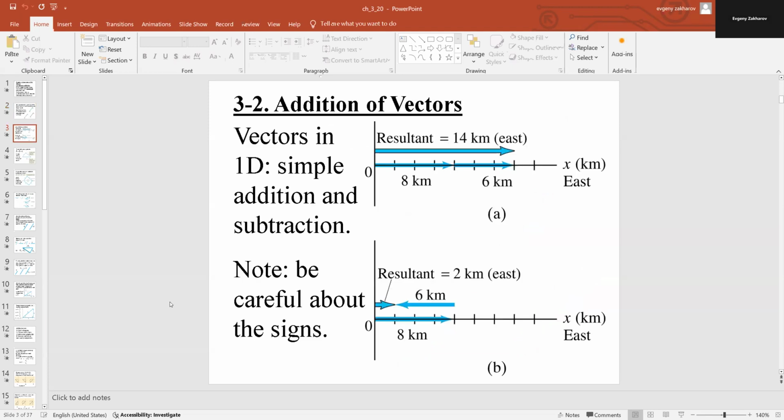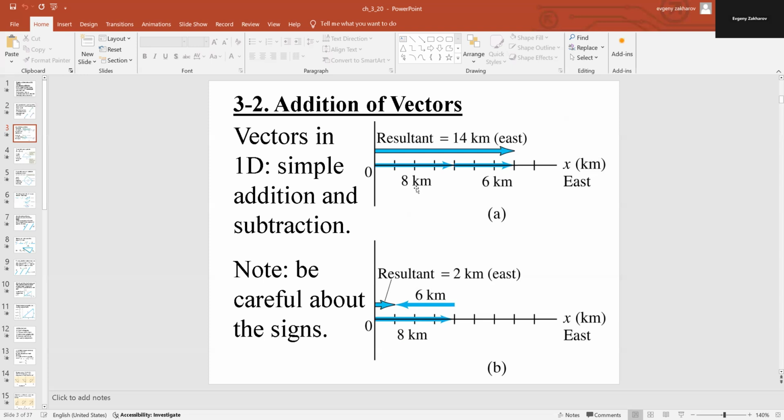So how do you add two vectors? First of all, let's do it in a single dimension because we already practiced adding vectors in one dimension, so there should be no surprises here. And then we'll go to two-dimensional vector algebra. So here we go. The first displacement is 8 kilometers due east. Yeah, I know kilometers not the best units. Well, it is what it is with the diagram.